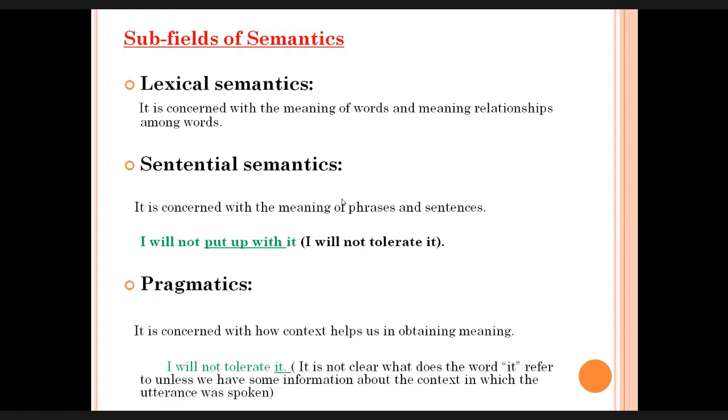We need to know the context. Once we understand that, we can say which action it actually refers to. Otherwise, we will not be able to know the meaning.